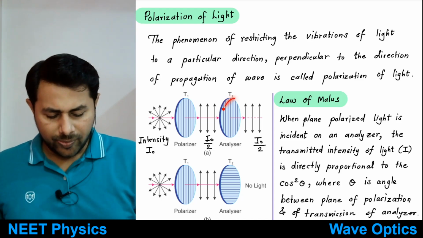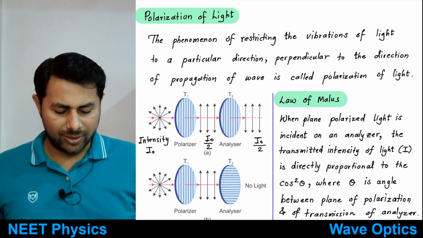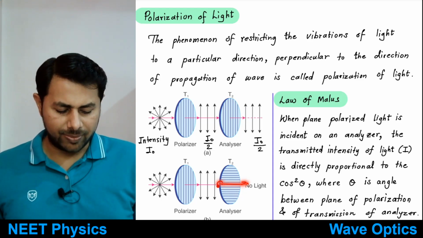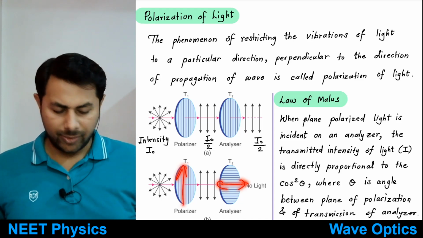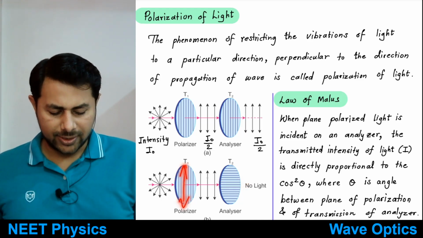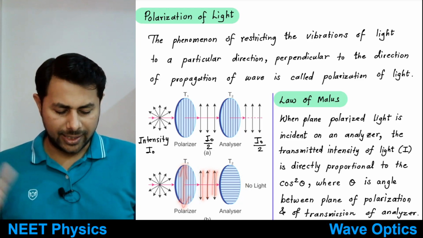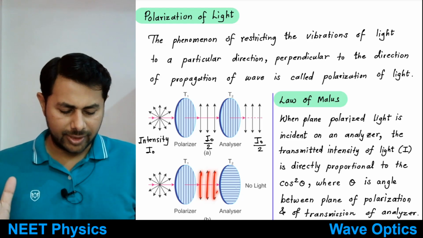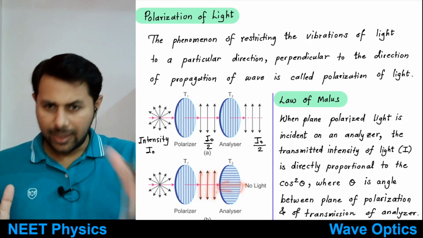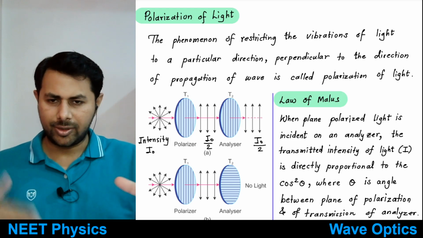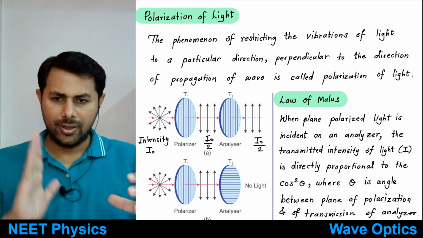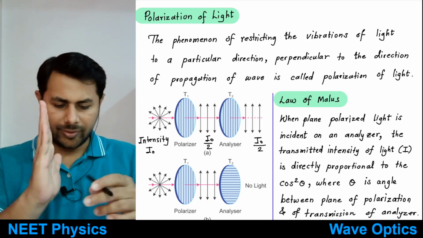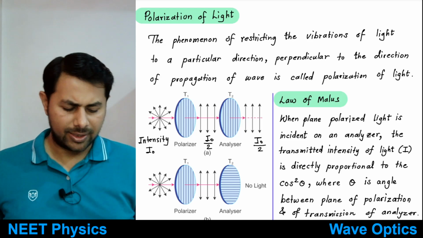But if you put this optic axis perpendicular, like this, remember these are not molecular chains, this is the optic axis. This is the optic axis of the polarizer, so the light is oscillating parallel to it. Now if you keep an analyzer, another polarizer, in front of this light, then because its optic axis is perpendicular to the vibration of the electric field, the light will be blocked.